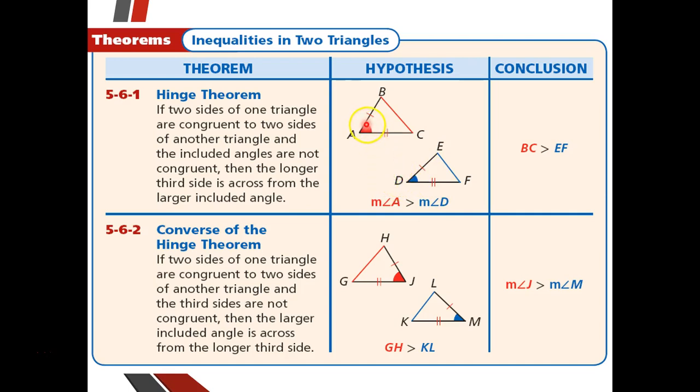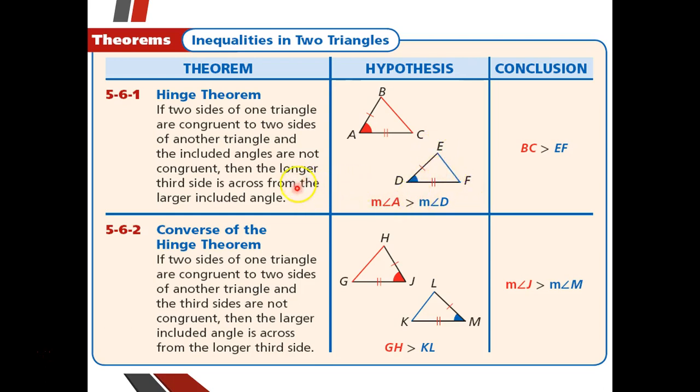This included angle, angle A, and D, if angle A is greater than angle D, then that third side that is opposite the larger angle must be the larger side when comparing these two triangles together. So BC in this triangle is going to be greater than EF.